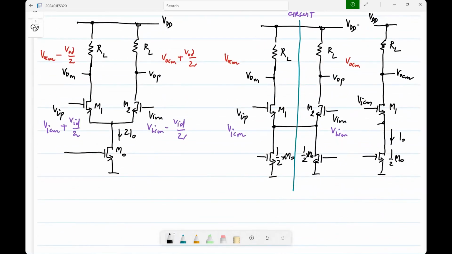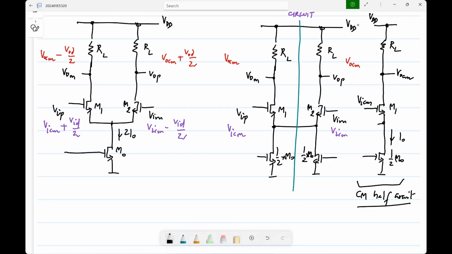Similarly, this tail voltage would be VICM minus VGS1 at a current of I naught. Okay. So essentially, you solve the common mode half circuit, and then you use the same solution on the two sides, because you know that the solution will be the same. Okay. This is a relatively trivial example, but basically this is the idea.